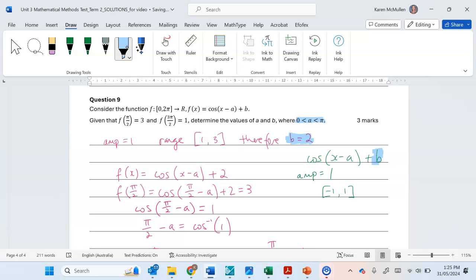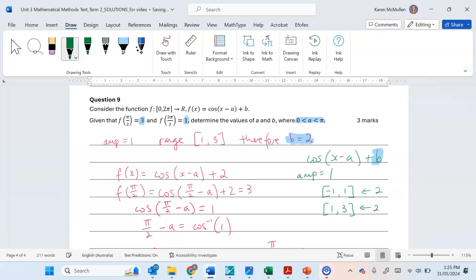Now, when you think about it, we've got this 3 and this 1. All right, so that helps us work out, this is going to be 1 and 3. So that's our new range. And the reason I know that that's our minimum and our maximum point is because you want your distance between these to be 2, right? And this is also 2.